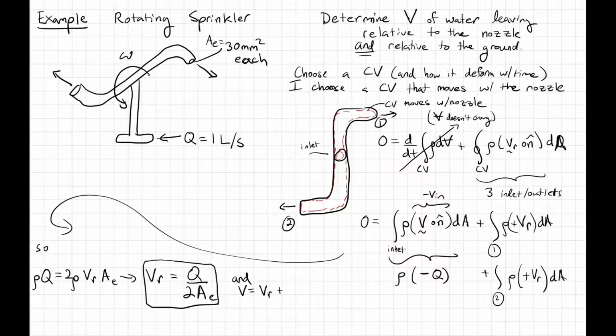The way that I've drawn the picture, the velocity of our control volume is to the left, so that's with a minus sign: minus the radius at the location of the outlet times the rotation rate omega. So minus r omega is the velocity of our control volume. If I add that to our relative velocity, you can find the velocity relative to an observer on the ground.